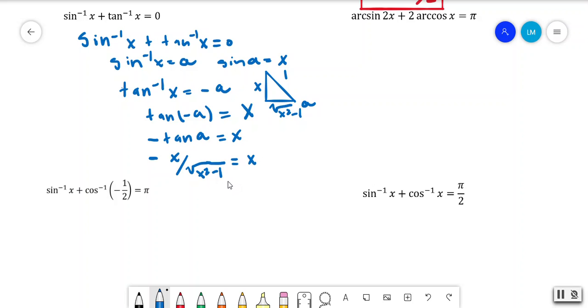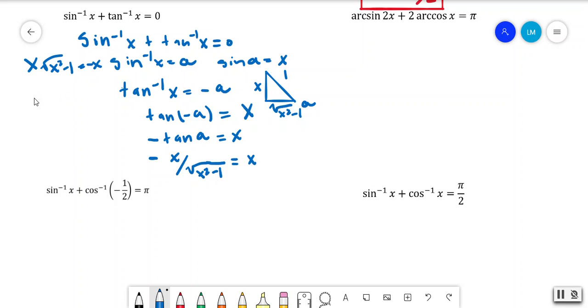One thing you should make note of is that this equation can be solved algebraically if we rewrite it as x times the square root of x squared minus 1 equals negative x.